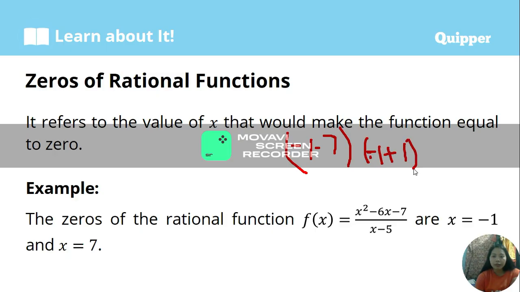This is from the factored form. So negative 1 plus 1, that is 0. 0 times negative 1 minus 7, that is negative 8. So 0 times negative 8, that is 0. So it makes the rational function 0. In other words, x equals negative 1 and x equals 7 are the zeros.